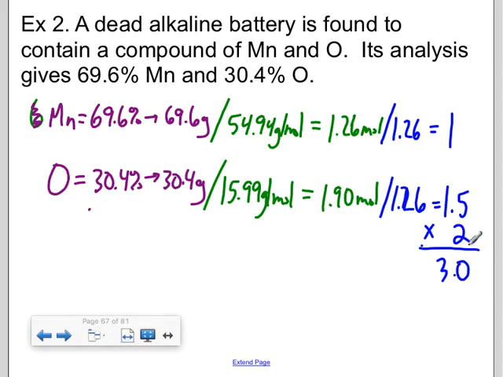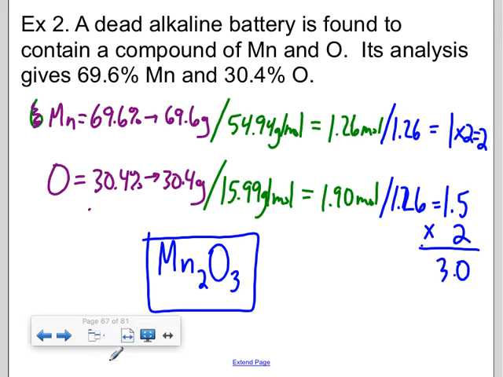That's a whole number. But because I multiplied this value by 2, that means I also have to multiply this top number by 2. So 1 times 2 is 2. Now do I have whole numbers? Yes, I do. So your answer for this one, manganese 2, O3.